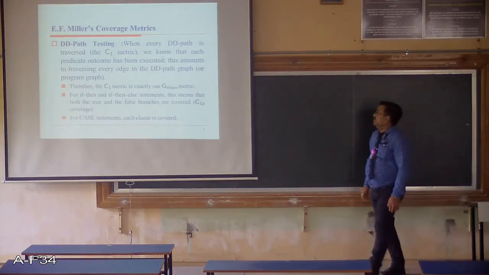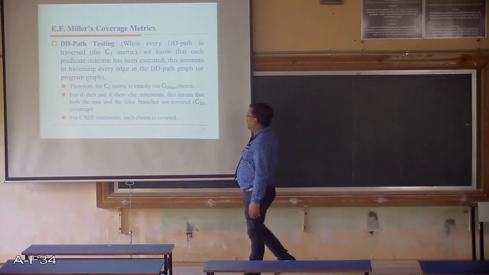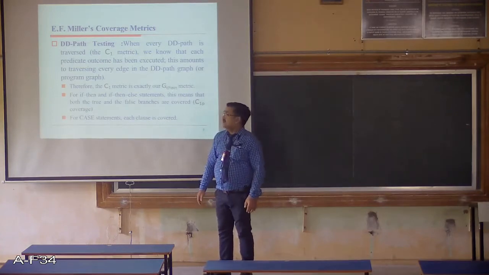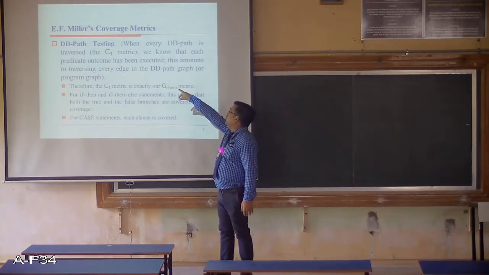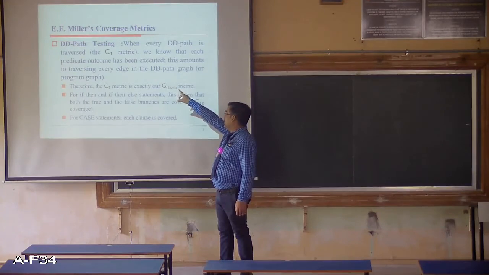Then DD path testing means that every DD path is traversed. Miller termed that the C1 metric.